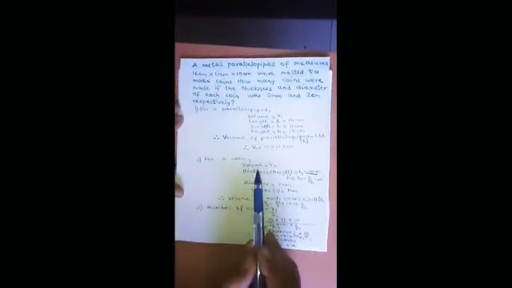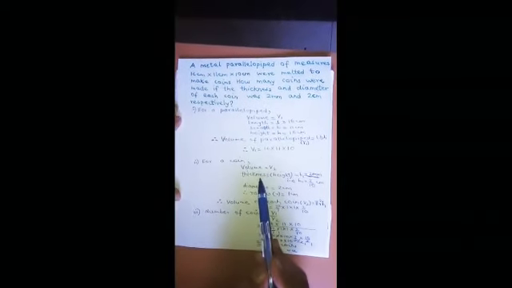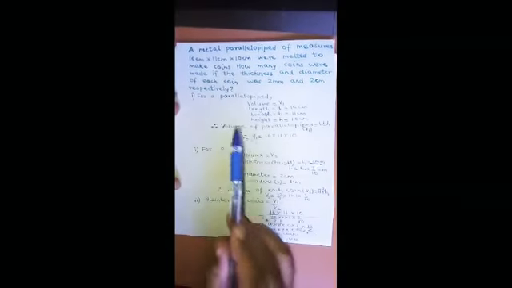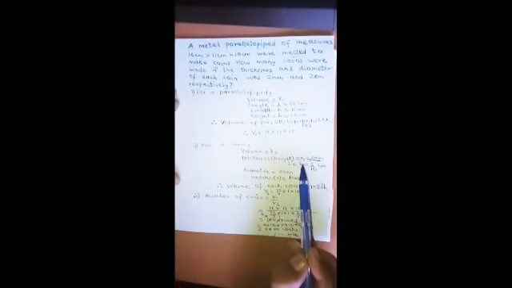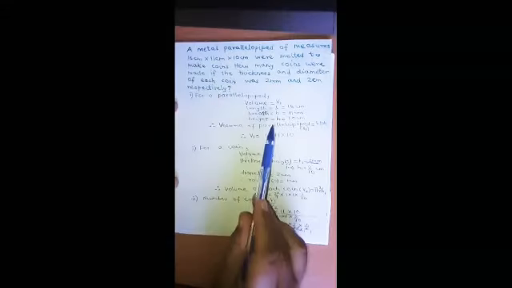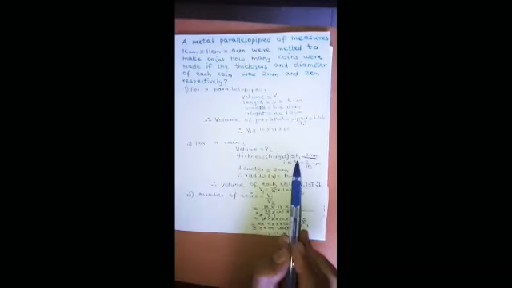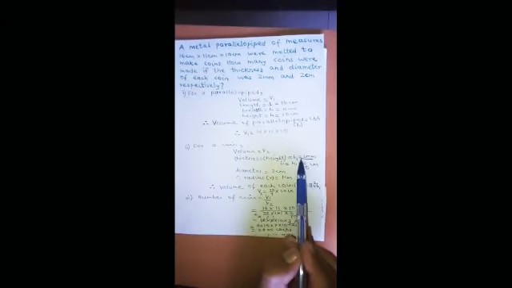In the second step, for a coin, volume equals to V2, thickness means the height, that equals to H1. Now height of parallelopiped and height of coin are different. So we are taking first height as H, here the height we are taking it as H1. So H1 is given as 2 millimeters.